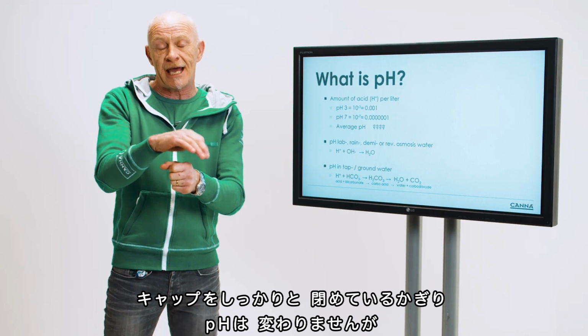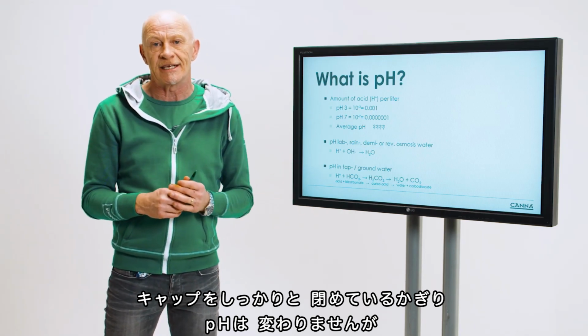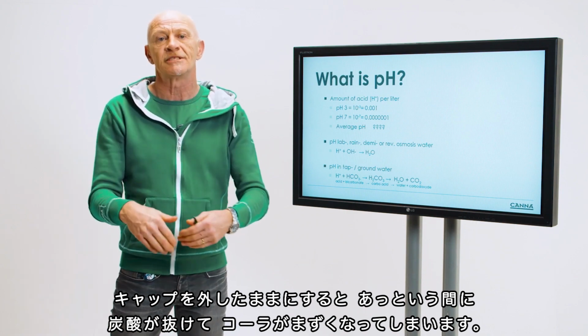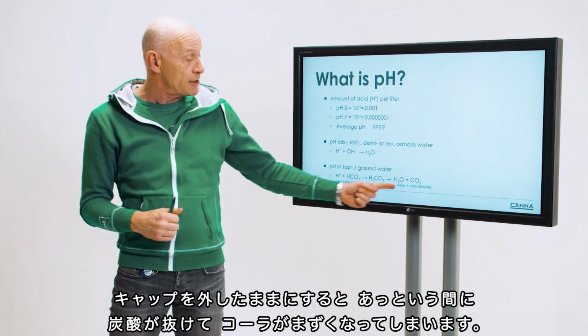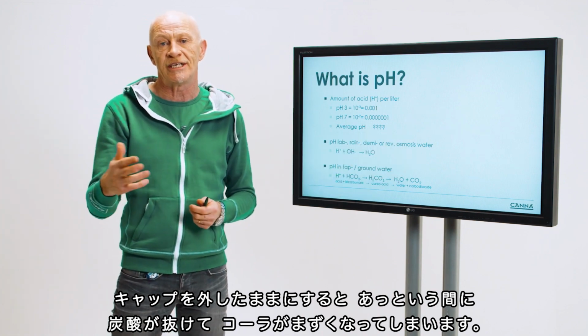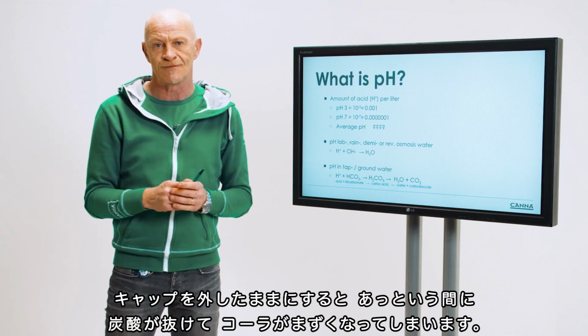As long as we keep the cap on the bottle, the pH stays quite acid, but as soon as I take the cap off, the CO2 can disappear. It can go out of the solution. Eventually, the Coca-Cola doesn't taste so nice anymore as it should.